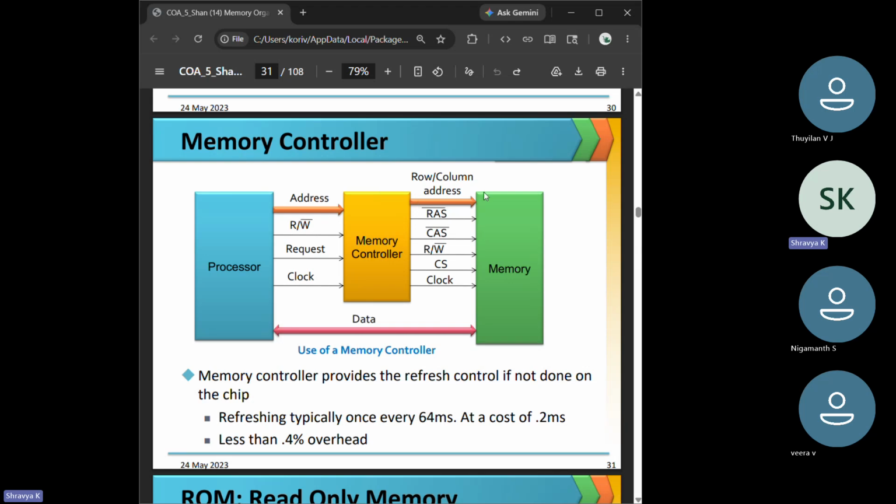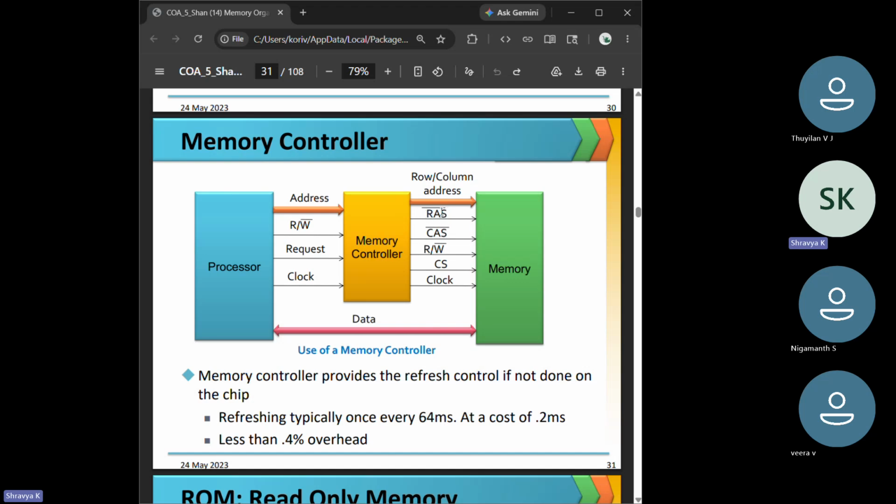It only passes either the row address or the column address, to manage the width of this line and make it smaller. To know whether a row address or a column address is being passed, we need this strobe. It's called the row address strobe or column address strobe, which is like a latch.